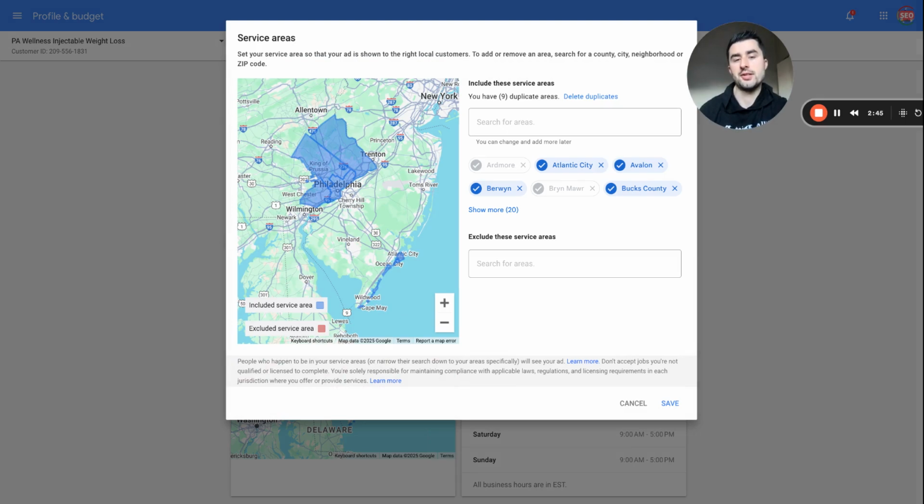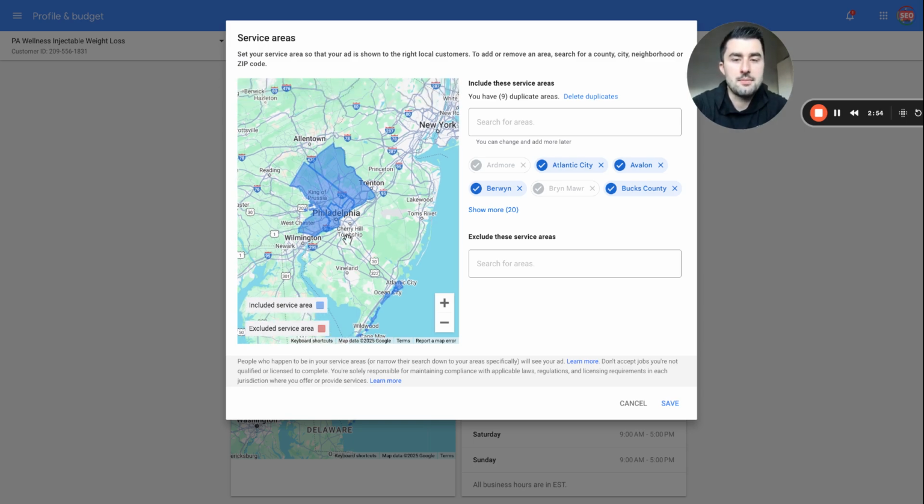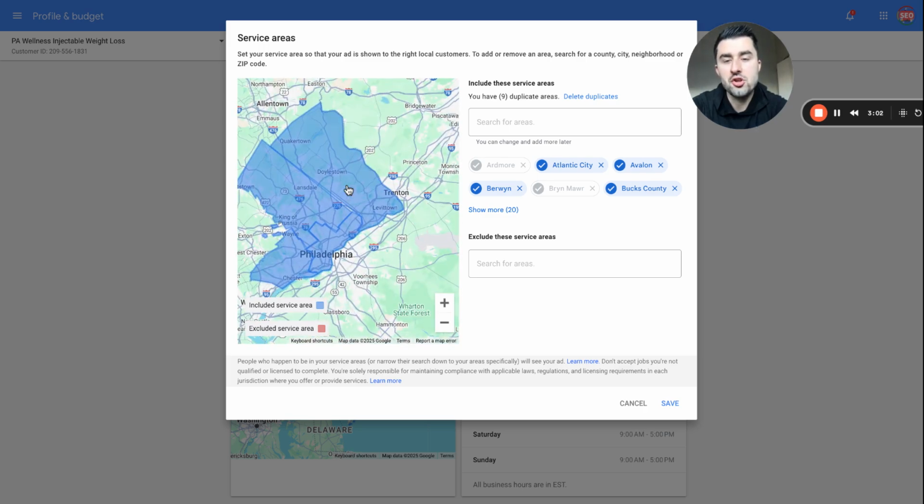Now, I know a lot of people are going to say, oh, Sean, that's not good advice because I am not able to service these areas. Well, you don't necessarily need to. For instance, if I'm covering the Philadelphia area, it's not like I'm going to add New York as a potential lead, right? It's a 2 hour drive. I'm going to go just on the outskirts.